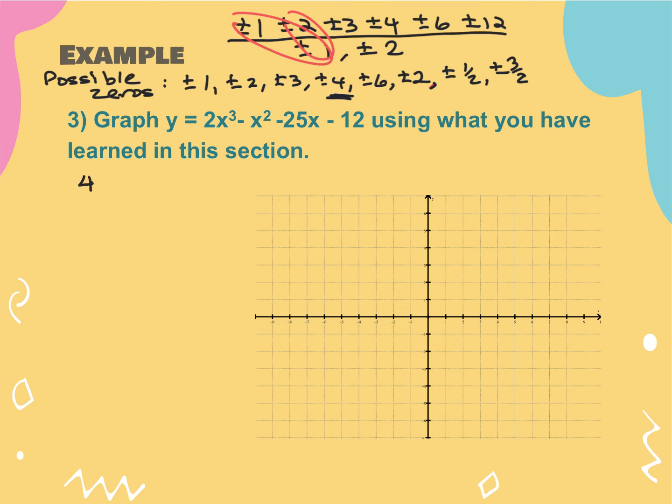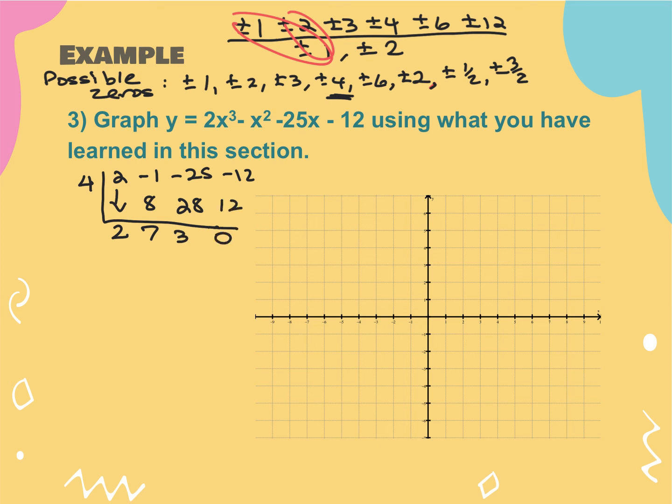So if I do synthetic using +4, I need to fill in all my coefficients, 2, -1, -25, and then -12. I'll bring down, I'll multiply, add the column, multiply, add the column, multiply, and add the column.